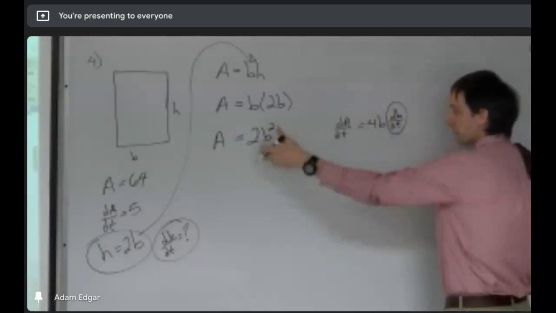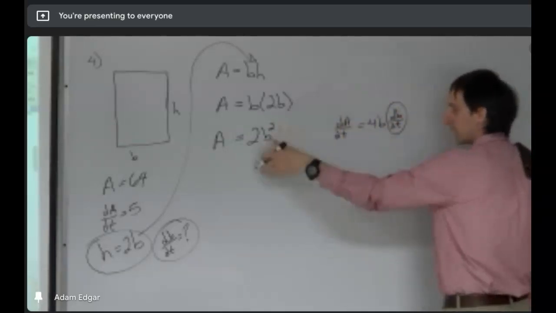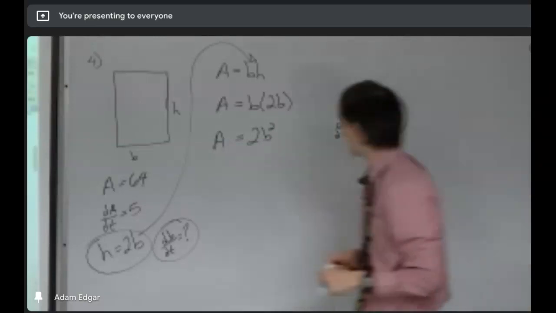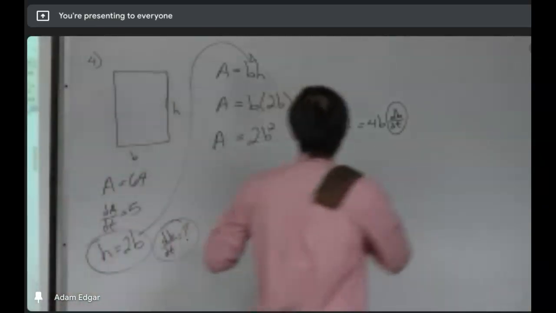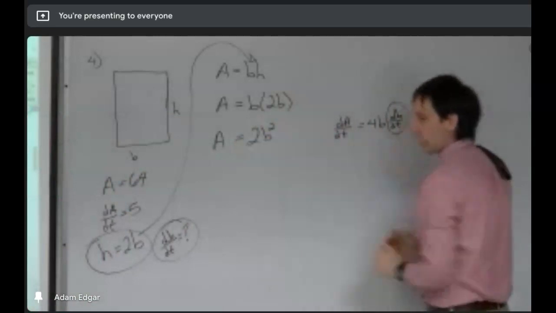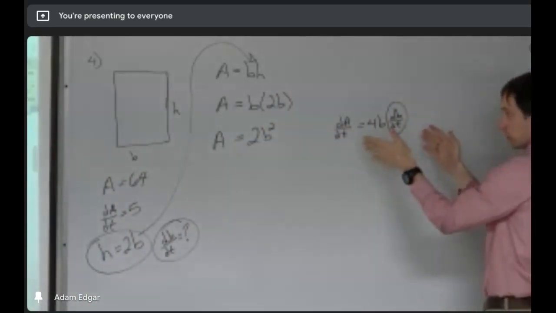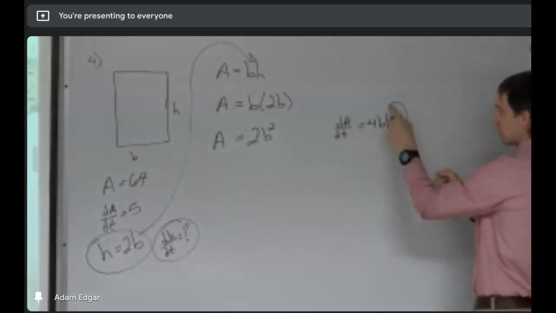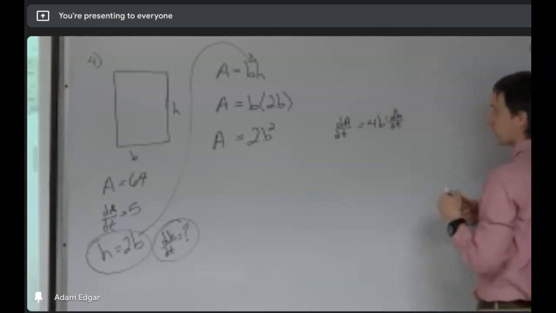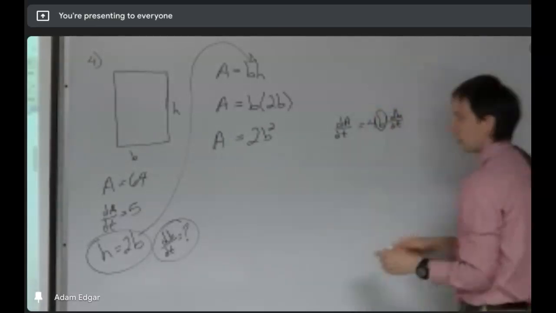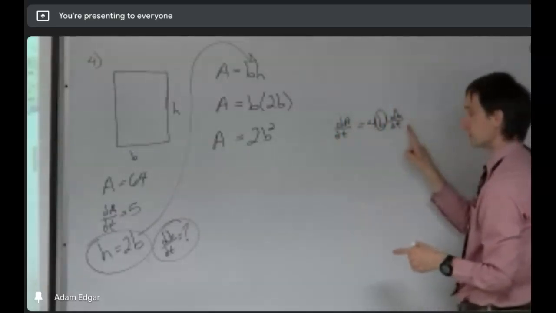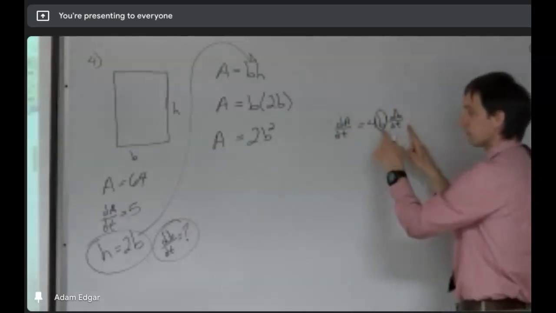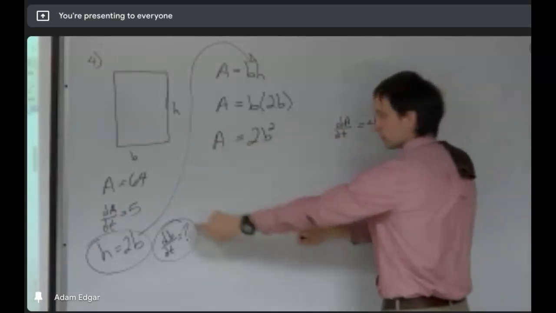So come over here, find b, and then you can find db/dt. You know what dA/dt is. You find b using your A value.